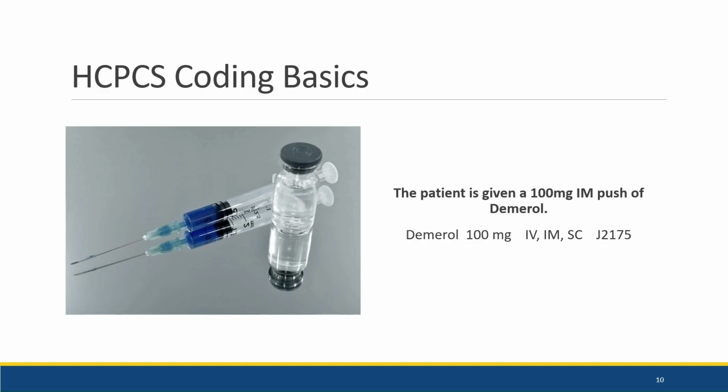So the entry in the table is for 100 milligrams of Demerol, which is what the patient was given, and this gives us three methods of delivery, both intravenous, intramuscular, and subcutaneous. Now, you don't have to have all methods used, just one out of that list. J2175 is the correct code, and you can verify that based on the code description in the numeric section.